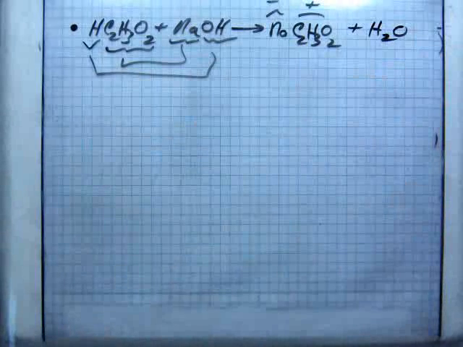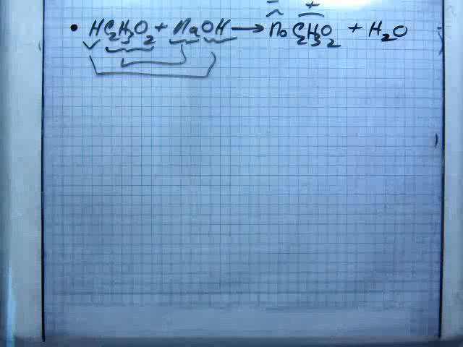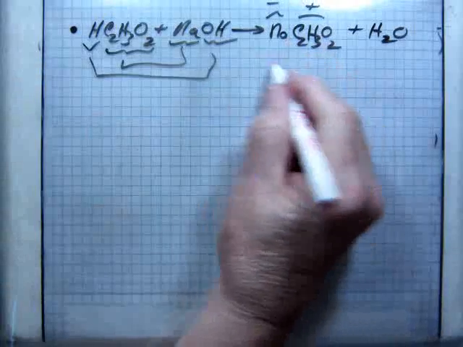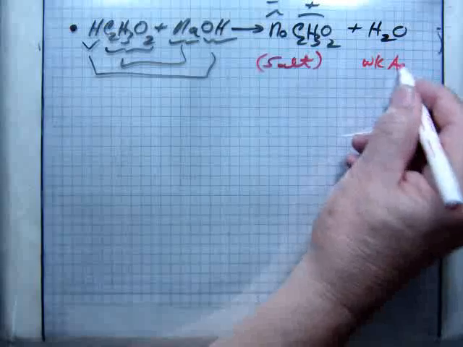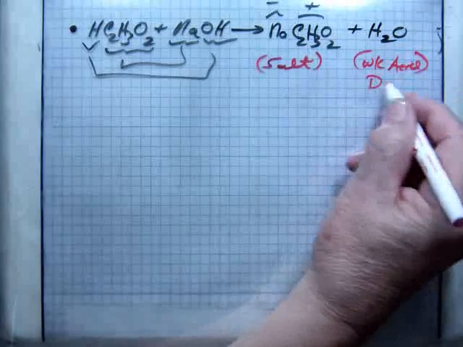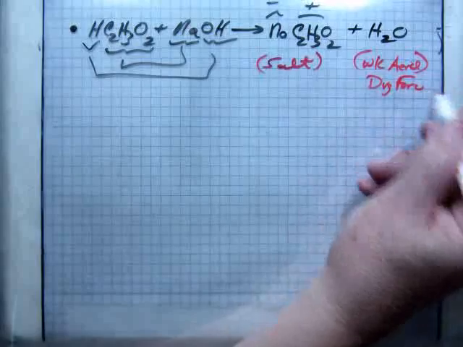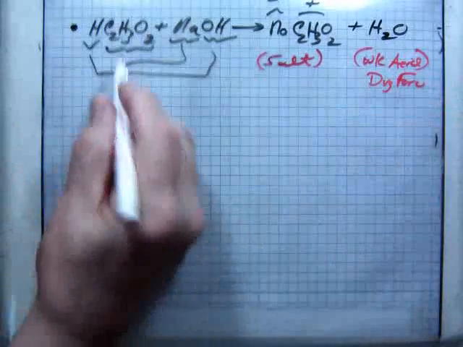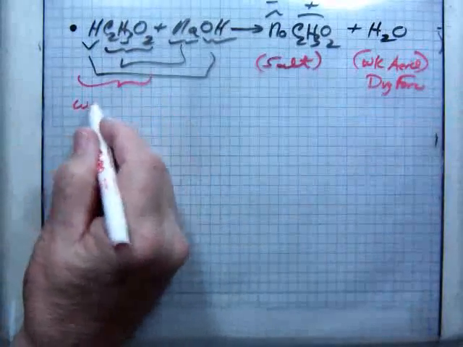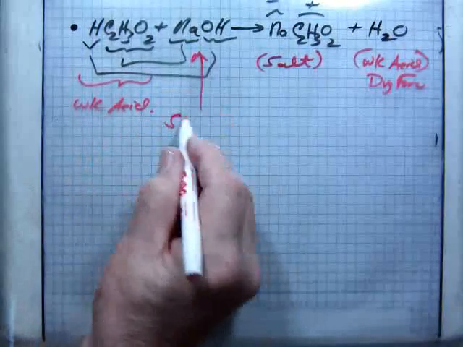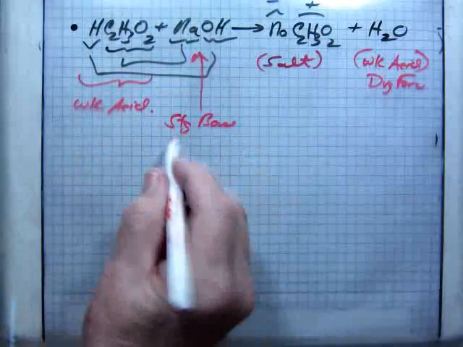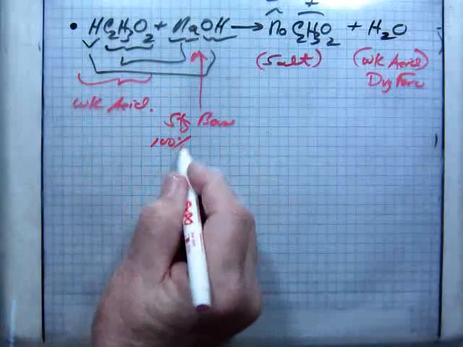Now in this equation, this is a salt, and this is a weak acid, and is the driving force. We learned it's not a member of the six. But this also is a weak acid over here, and this is a strong base. It should be shown 100% ionized.